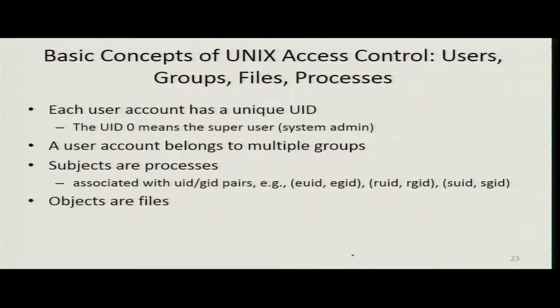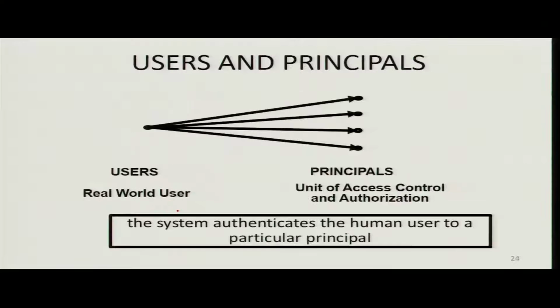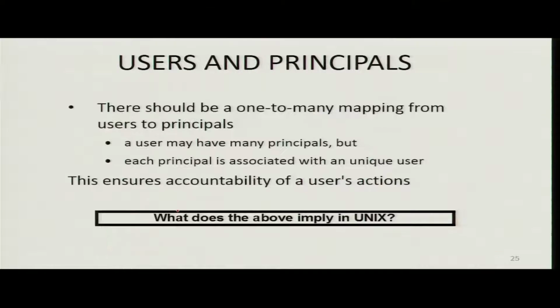Subjects are processes, and processes normally have a UID and GID pair, such as effective user ID, effective group ID, real user ID, real group ID, and saved user ID and saved group ID, and we will see what these things mean and why they are there. Objects are usually files or other resources.